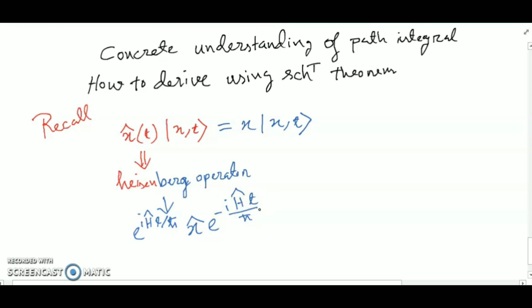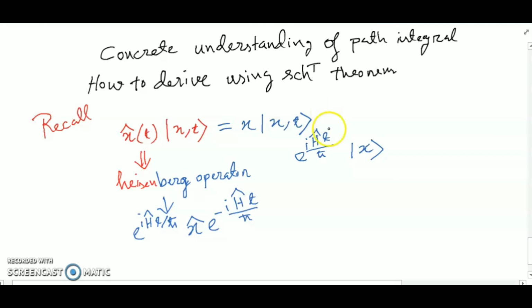Okay, this has a time evolution which is given by e to the power i h hat t by h bar acting on x, where this x is nothing but x at time t equals to 0.